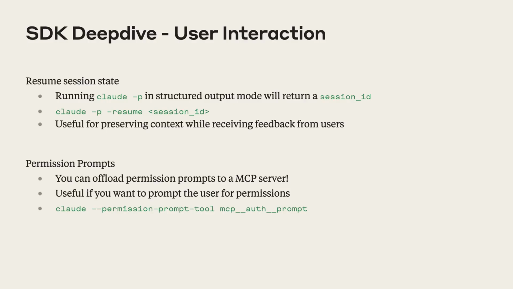We also have a few user interaction features built into the SDK. The first one is resuming session state. So when you call claude -p in structured output or JSON mode, it's going to return a session ID.